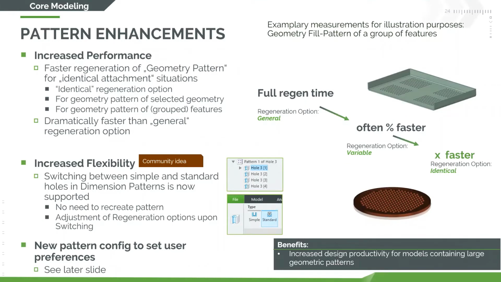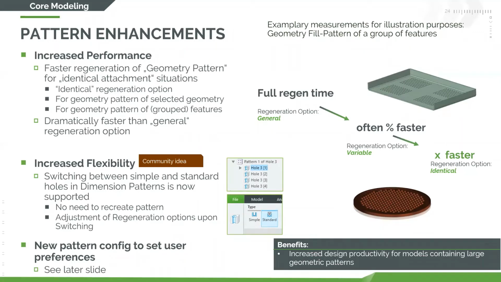Okay, so some pattern enhancements which have greatly improved in CREO 9. They've improved the regeneration of geometry patterns for identical attachments in certain situations. So this increases our flexibility. We can switch between simple and standard hole dimension patterns.